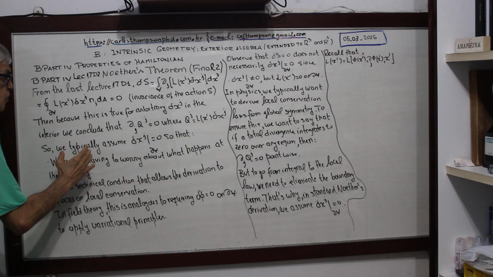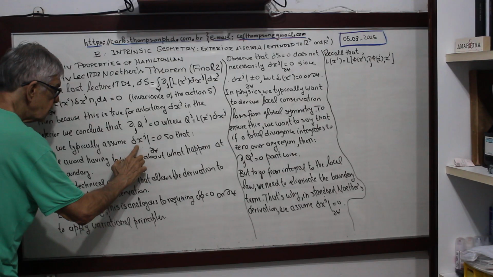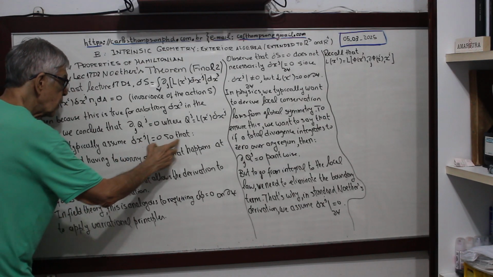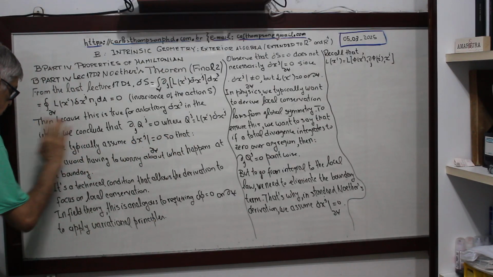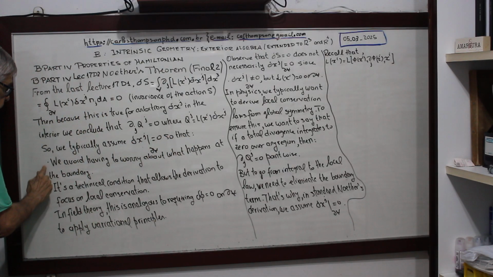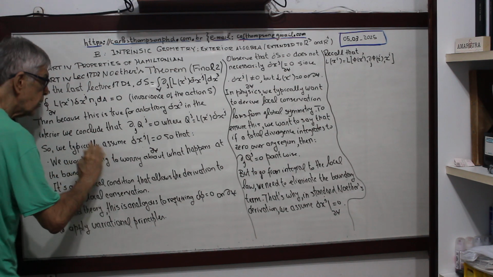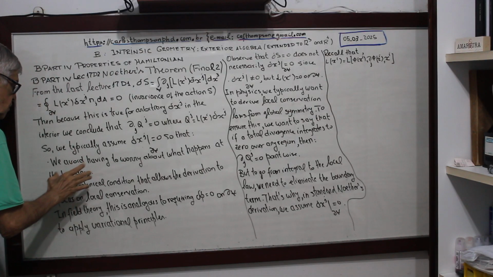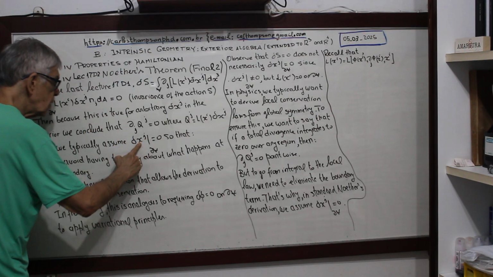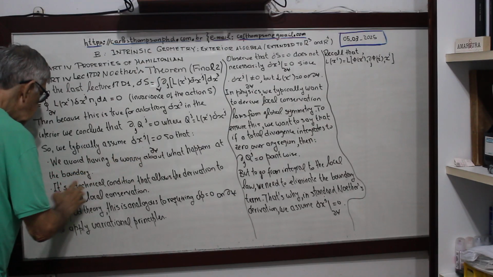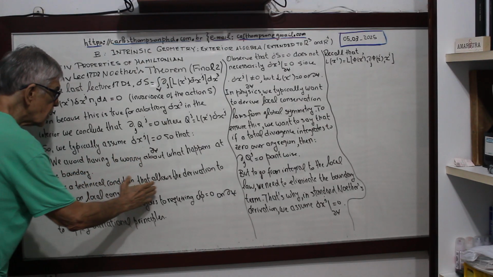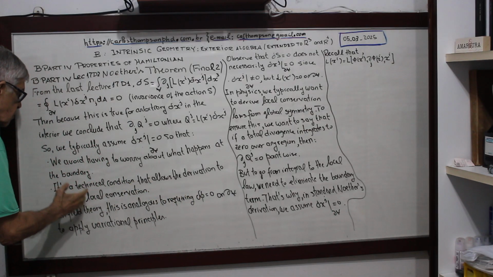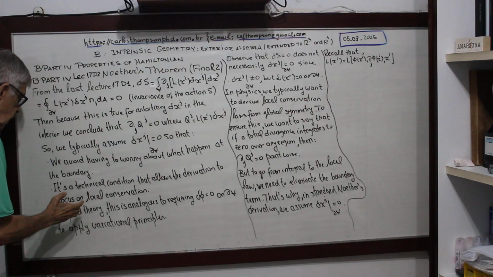So we typically assume that this delta xj at the boundary is equal 0, so that first we avoid having to worry about what happens at the boundary. So this will also be applied in the interior. It's a technical condition that allows the derivation to focus on local conservation.